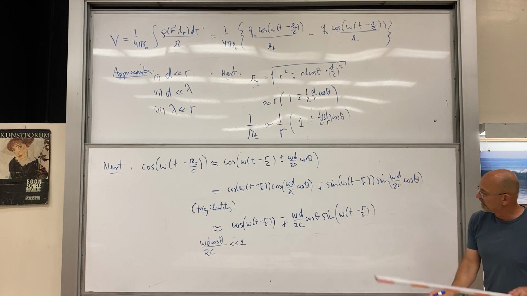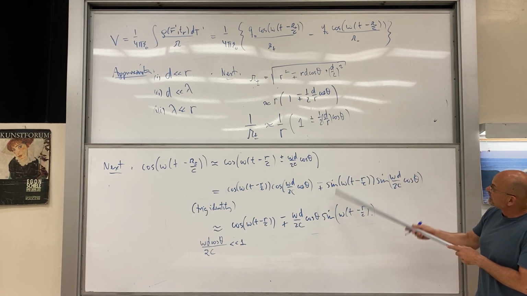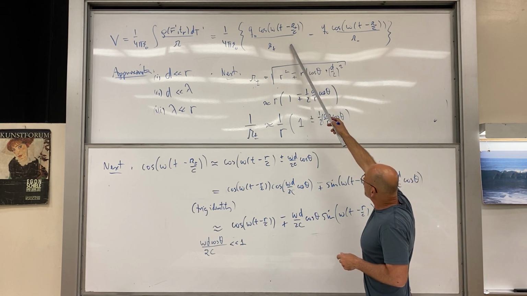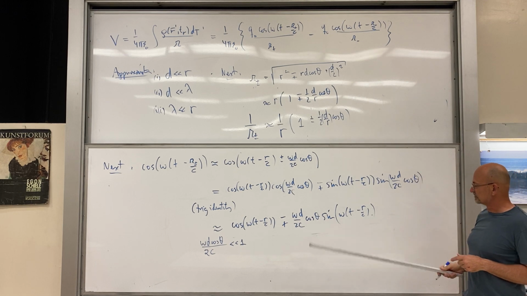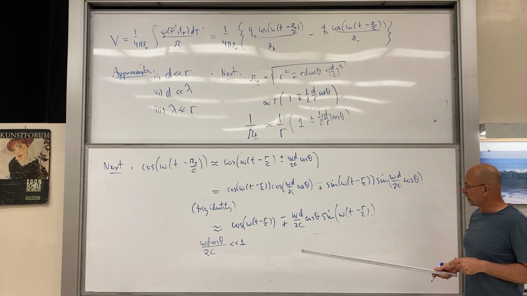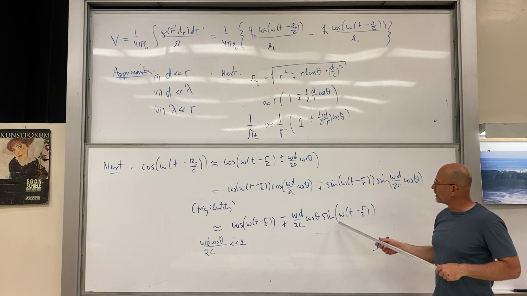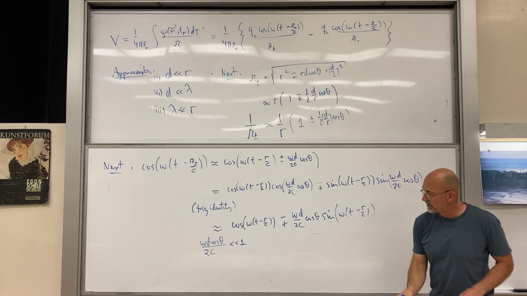So this is the result that we can finally take, these were the numerators, into the expansion up here. We've made a number of approximations, but they're all very controlled.